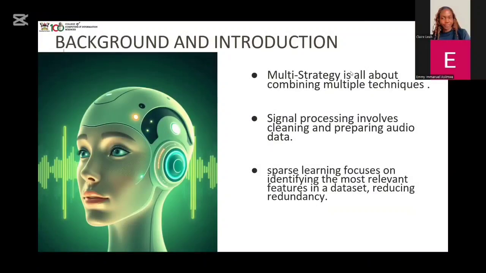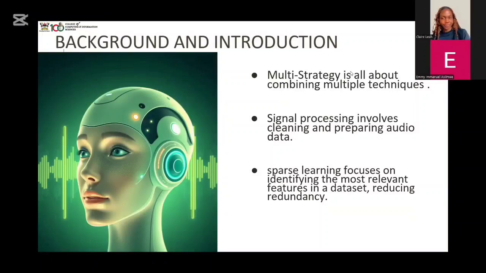And signal processing involves cleaning and preparing the audio data. Here, signal processing is the backbone for voice pathology analysis, and it involves transforming the raw, noisy audio into clinically meaningful features that machine learning models use to diagnose disorders.